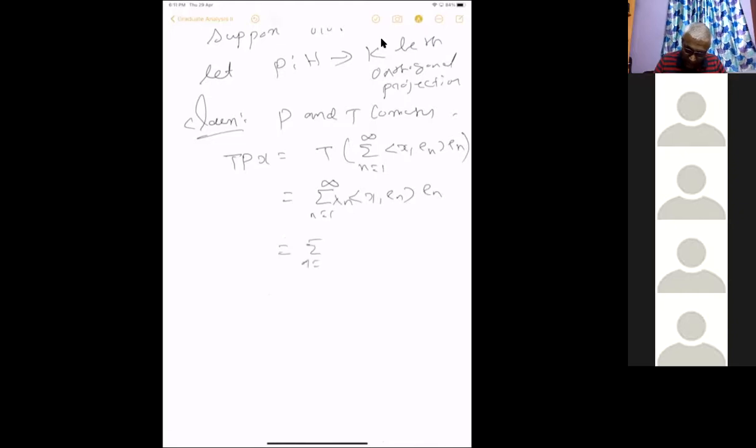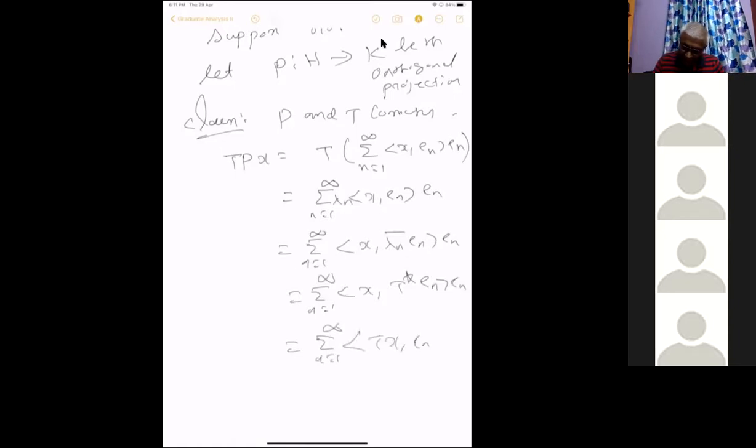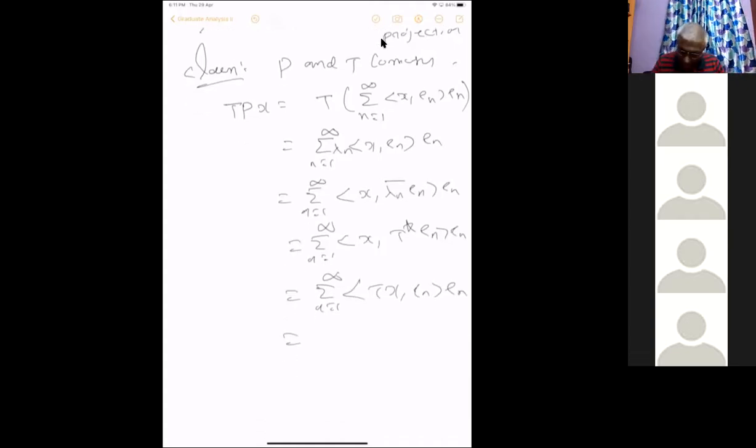Now this is equal to the summation of the inner product of x with T star e_n, which is equal to the summation of the inner product of Tx with e_n. Now you see this is just Tx expanded in terms of these orthogonal vectors. But this is just the projection of Tx onto that, which is equal to PTx. Okay.